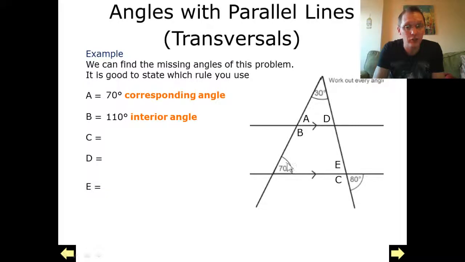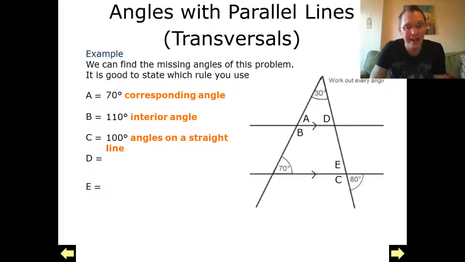Now, two different ways I could have got this from the answer beforehand. Either I'm going to use my interior angles, which is my C angle or U angle, where both of these two have got to add up to be 180 degrees. Or once I found A, I can maybe use angles on a straight line, in which case taking 70 away from 180 would give me B, which would still be 110.